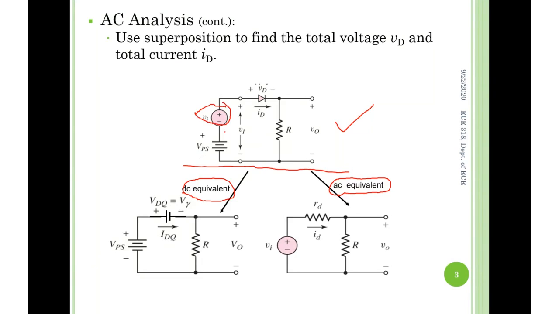How to eliminate it depends on what kind of source this is. Here is an AC voltage source, so how do we eliminate a voltage source? We learned this in Circuits 1. If it is a current source, how do we eliminate it? Open. If a voltage source, how do we eliminate it?